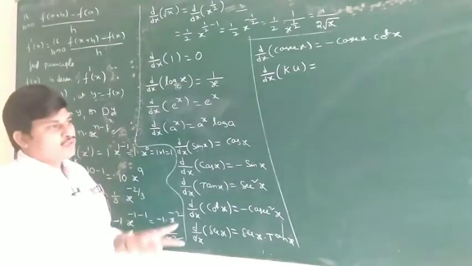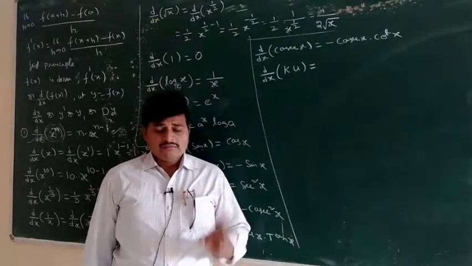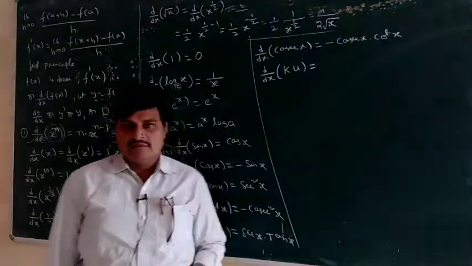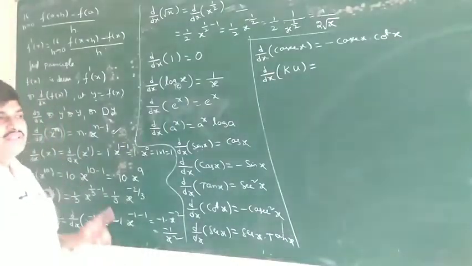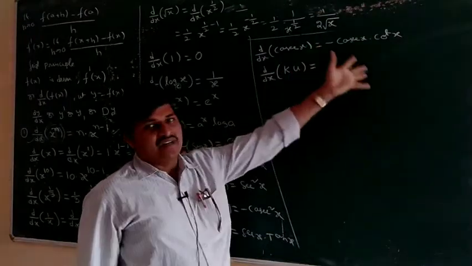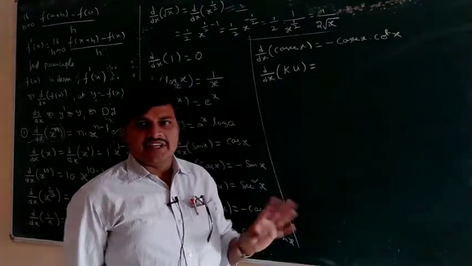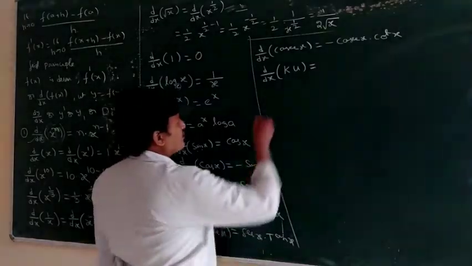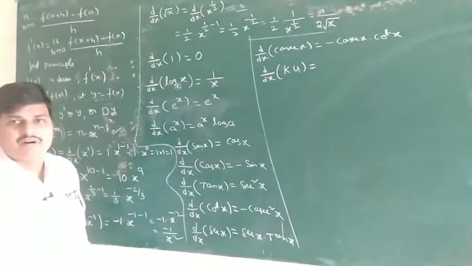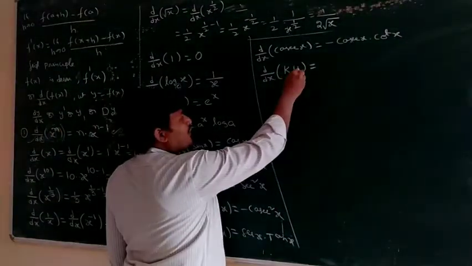Only two things are not constants: the function, and the variable with respect to which we differentiate, x. The function is not a constant; it can be y, z, any letter you take. So u is not a constant. So k into u: k is a constant, u is a function.